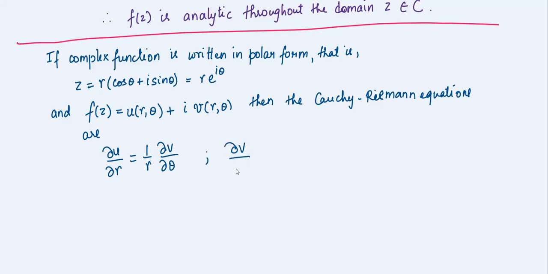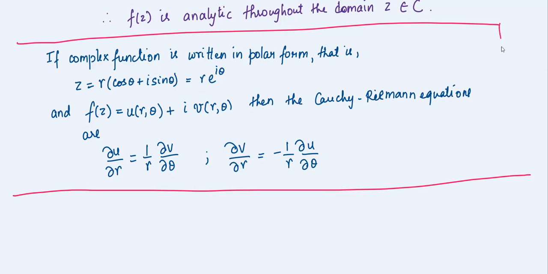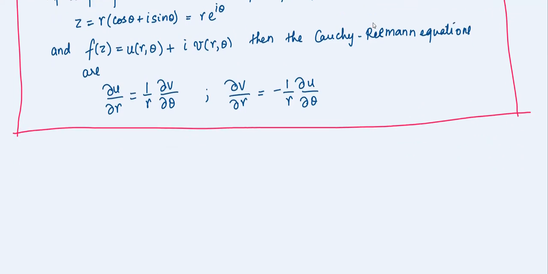Dou v by dou r is equal to minus 1 by r dou u by dou theta. This 1 by r term comes here. This we have to remember. Okay, this is an important part.